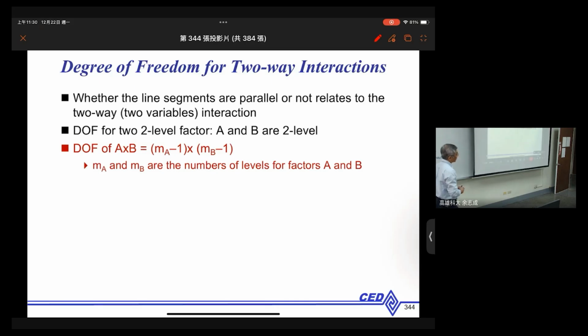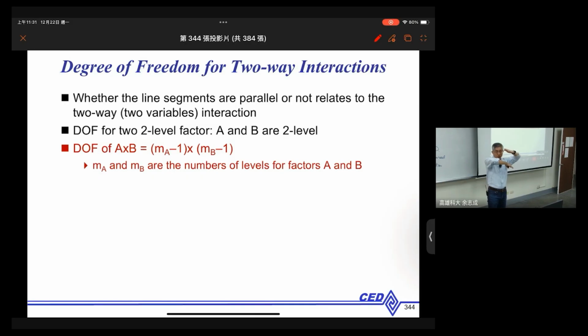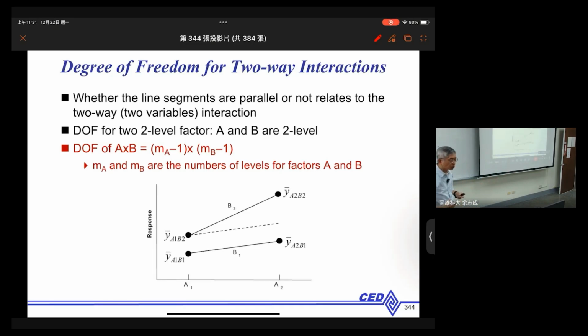How about interaction? For the interaction we mentioned before, we need to determine, in the interaction plot, whether these 2 lines are parallel or not. If they are parallel, no interaction. Not parallel, interaction. So the difference between whether they are parallel or not will determine how strong the interaction will be. This is a 2-level case, right?